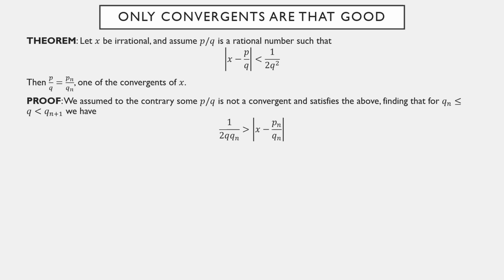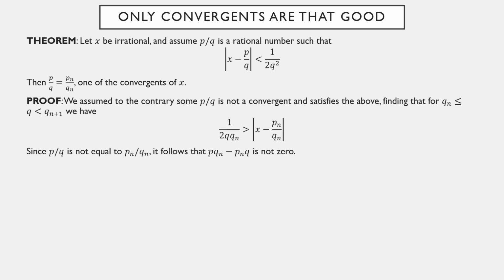Having assumed that p over q is not a convergent, but does satisfy the inequality of the theorem, we found for the specific choice of qn, so that qn is less than or equal to q is less than qn+1, the inequality 1 over 2 times q, the denominator of the rational number we started with in the theorem, times qn, the largest convergent denominator that isn't bigger than q, is bigger than the distance from x to pn over qn.